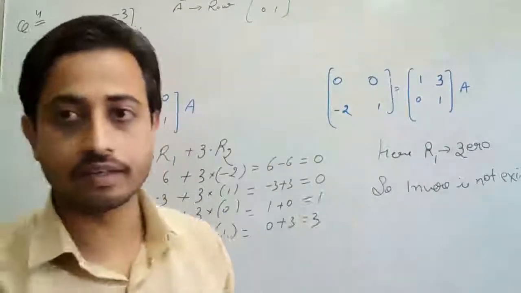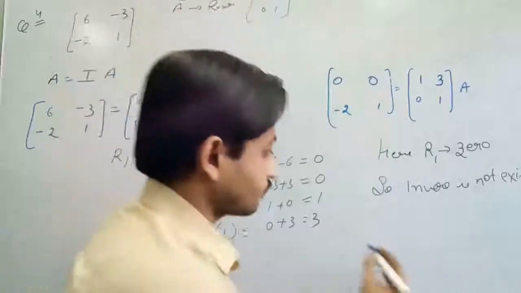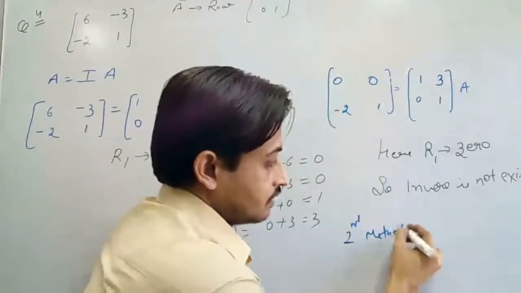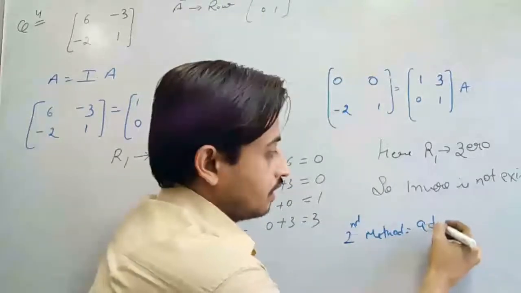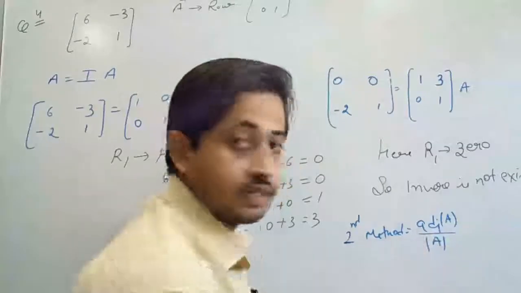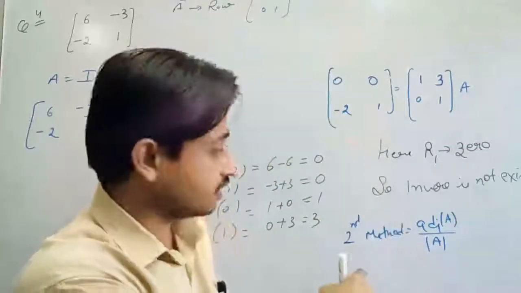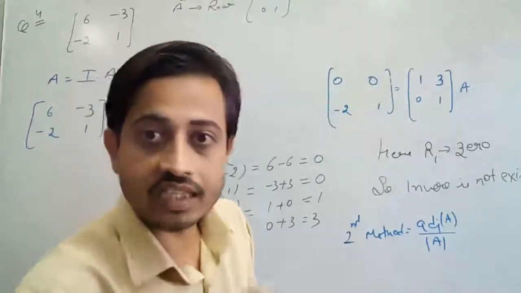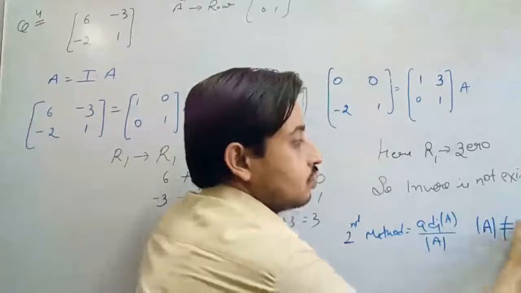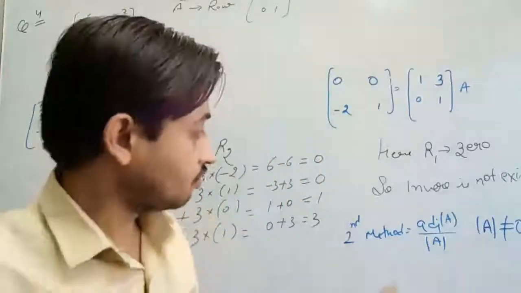This can be verified. How can we verify? We know the second method: the adjoint of the matrix divided by the determinant of the matrix. Whenever we find the inverse using this method, the condition is that the denominator never equals 0. The denominator is the determinant.